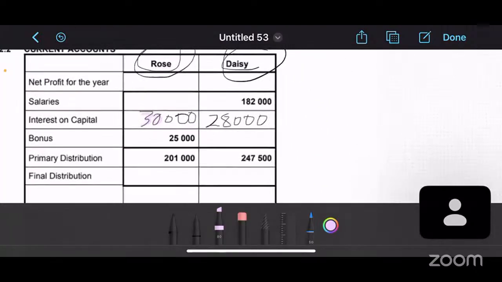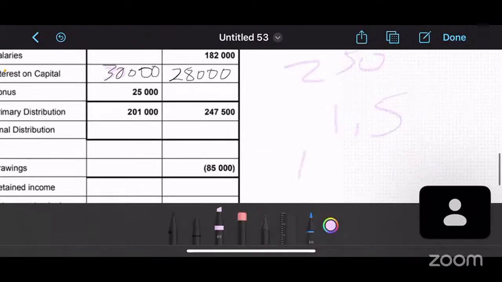Another thing that you can do is take the 25,000 and multiply it with 1,5, because 1,5 is the same as 100% plus the 50%.